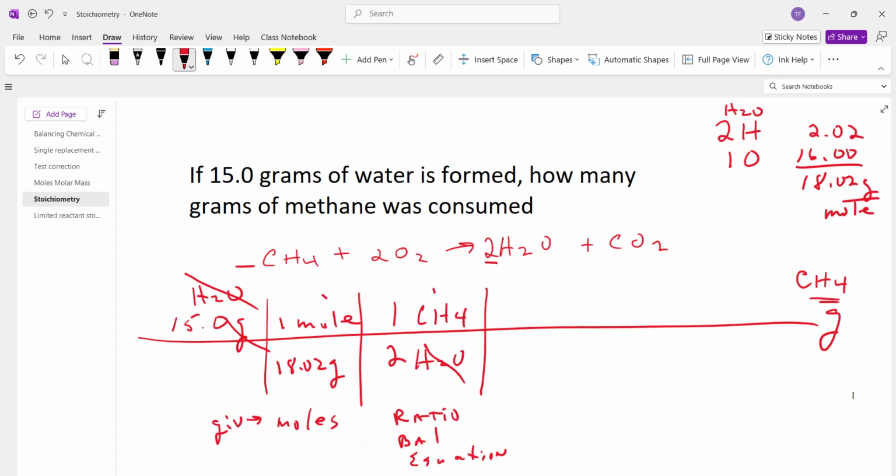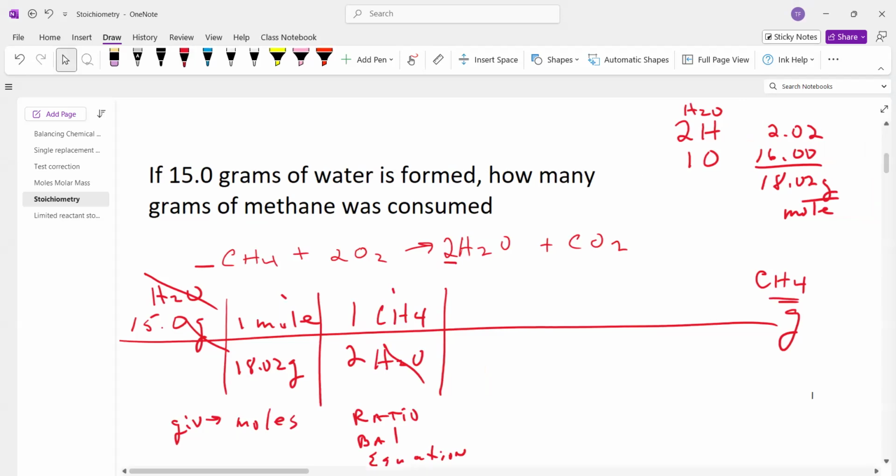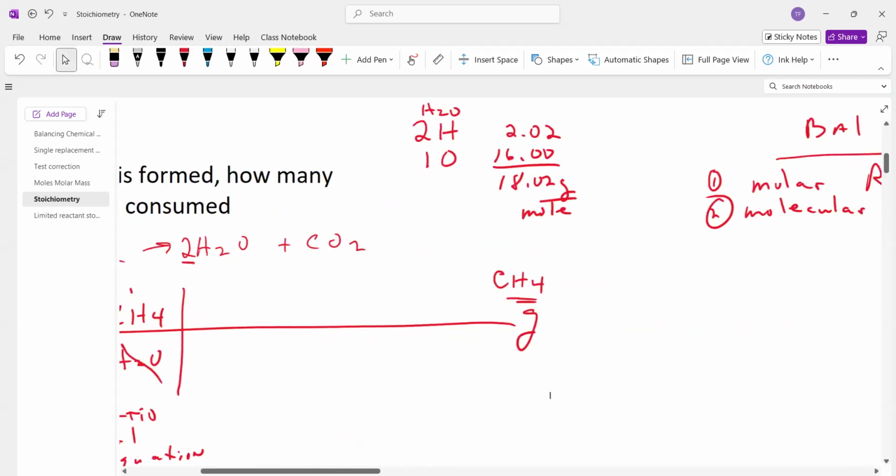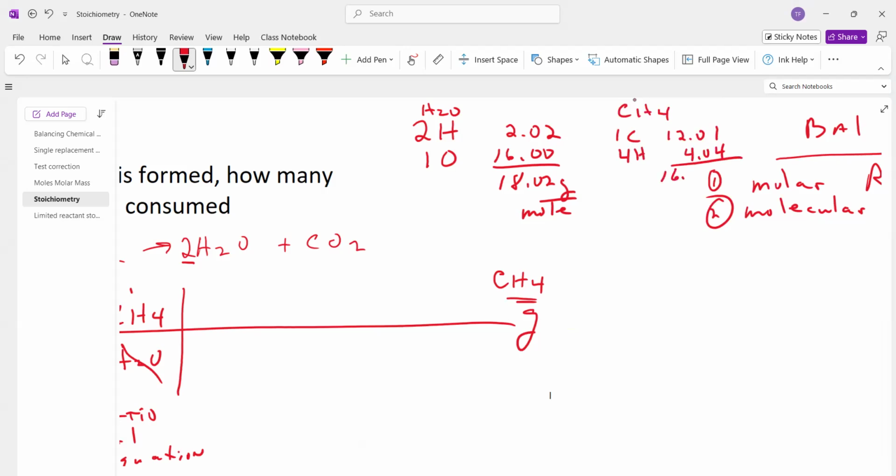We want grams of methane. So now we need to go from moles to grams. Methane is CH4, so we have 1 C at 12.01, 4 H at 1.01, so that is 16.05 grams per mole.